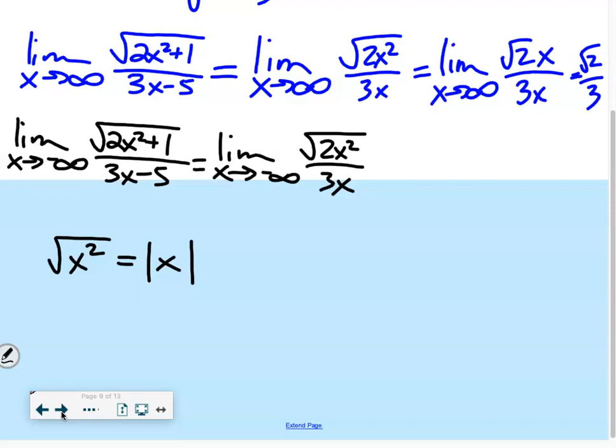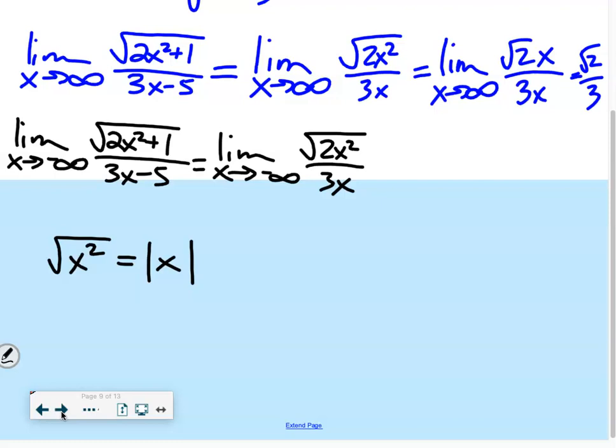But if you plug in a negative number, like -5, you get -5 squared is 25, square root of 25 is 5. The negative number becomes positive. Positive stays positive, negative becomes positive. So the square root of x squared is the same as the absolute value of x.